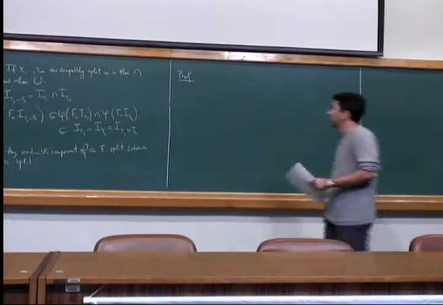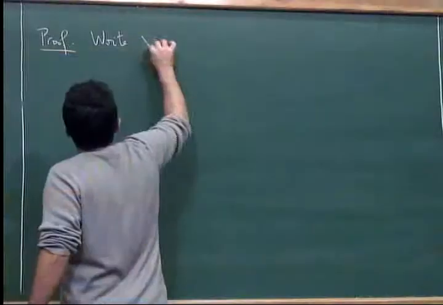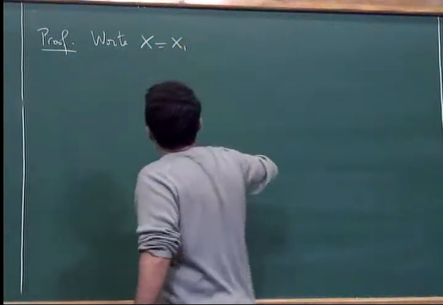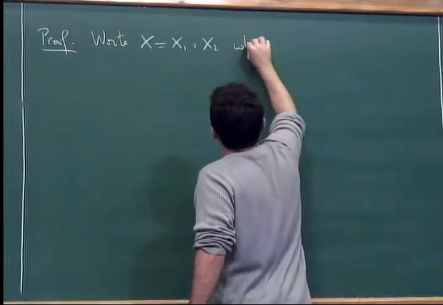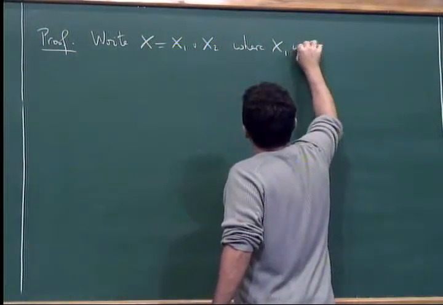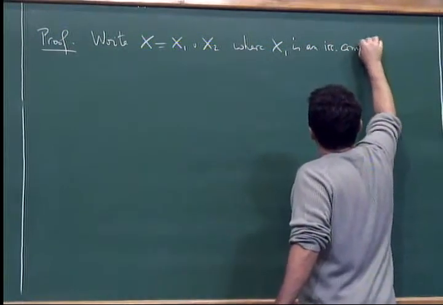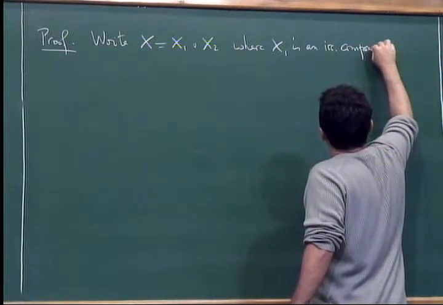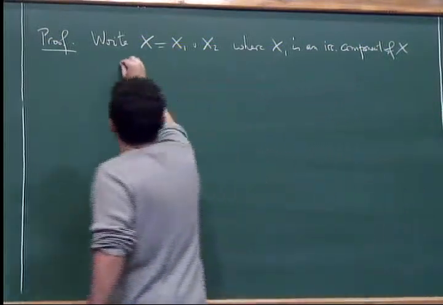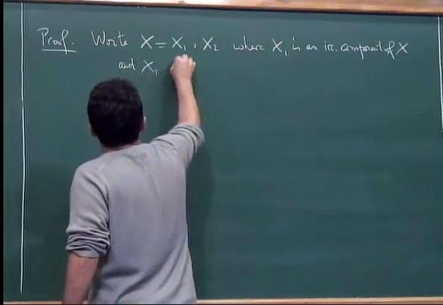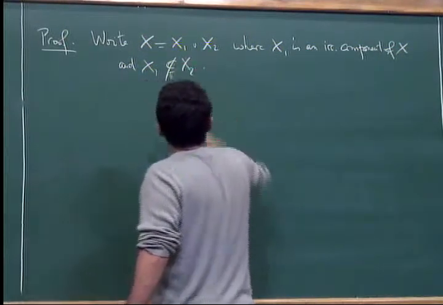So write X as X1 union X2, where X1 is an irreducible component of X, and X1 is not contained in X2.